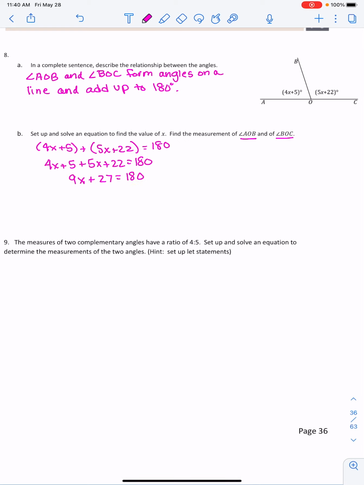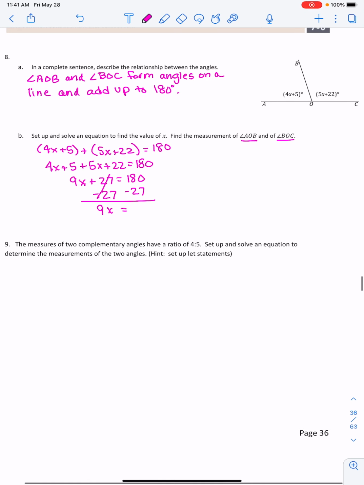So now we have a two-step equation. So now we are going to subtract 27 from both sides. So I have 9x equals 153.